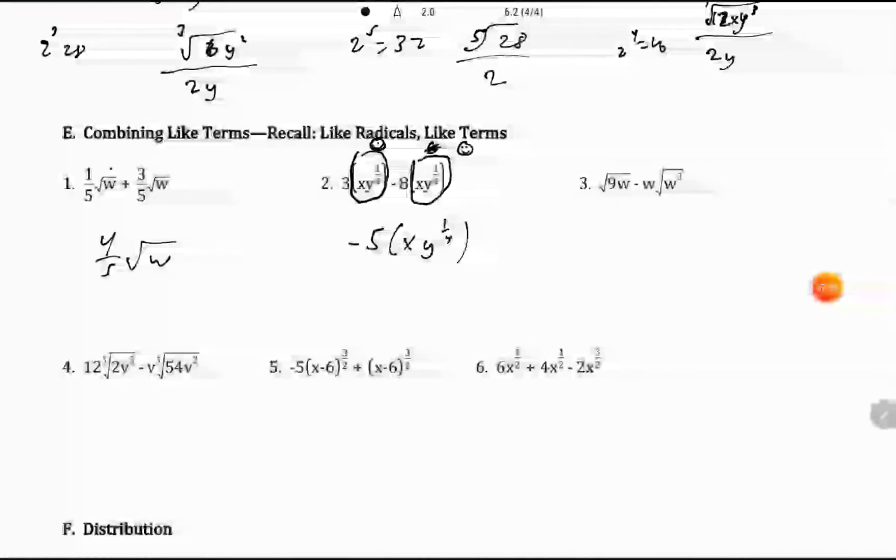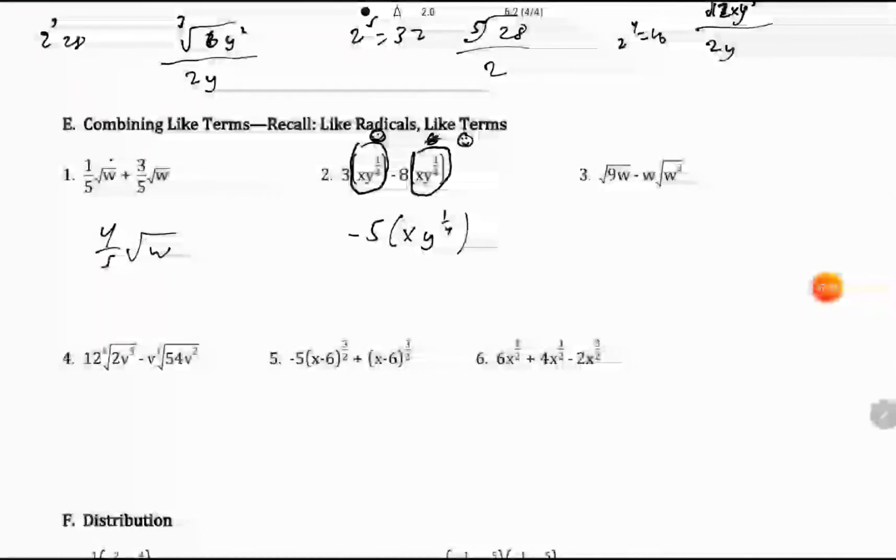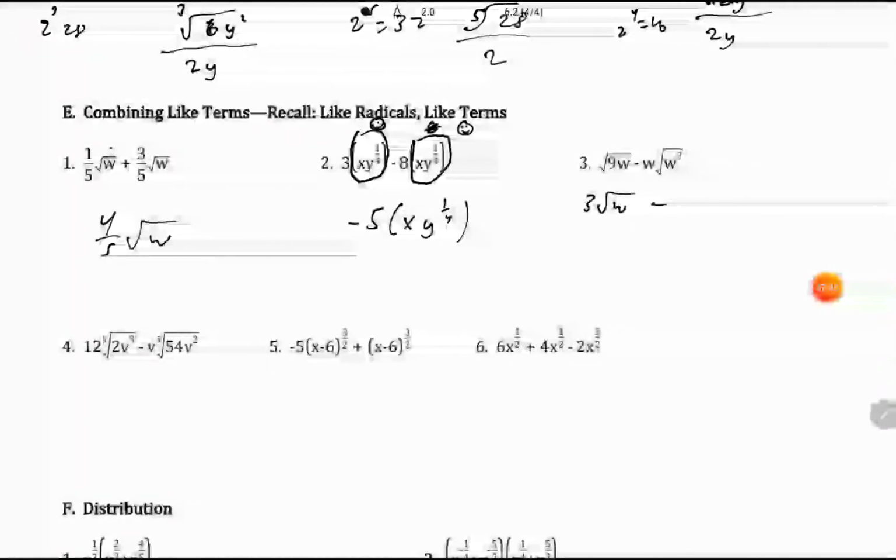Interesting. So this one takes some simplification. So the square root of 9w is the same thing as square root of 9 times the square root of w. So this is 3 times the square root of w. And then we have minus. I'm looking at this part here. So we have w outside. And then this is the same thing as w squared times w. The square root of w squared is w. So I'm left with w squared about here. And then we have w inside. Okay?